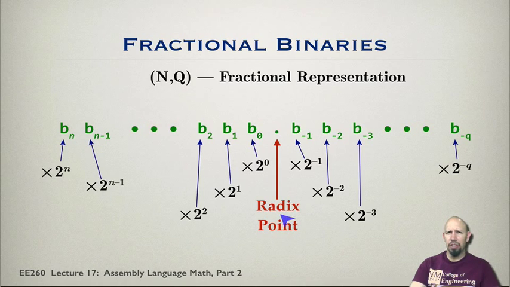I don't know who makes these words up. Anyway, that's the radix point, which is like the decimal point. We may have bits to the left of that and bits to the right of that. Bits to the left are associated with powers of 2. Bits to the right are associated with negative powers of 2: 2 to the power negative 1, 2 to the power negative 2, and so forth.